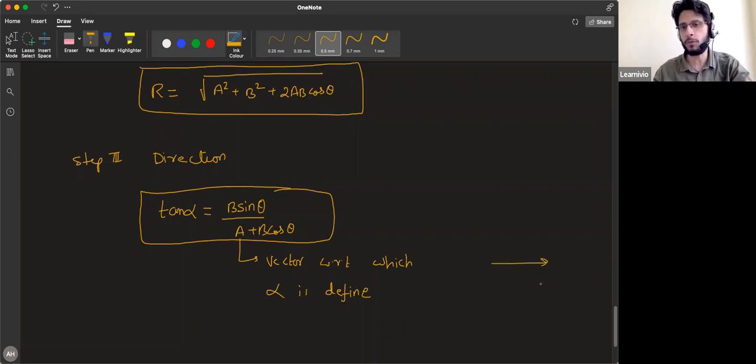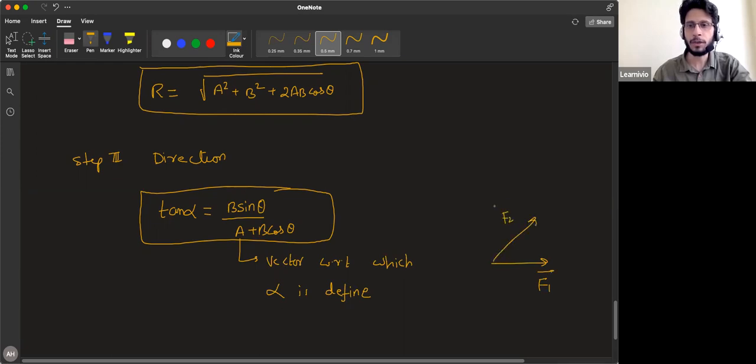Let's say I take one force as F1, I take another force as F2. I ask you to complete the parallelogram, then this is the resultant. And then I ask you to calculate this alpha. What is vector A here, Priyadarshini?